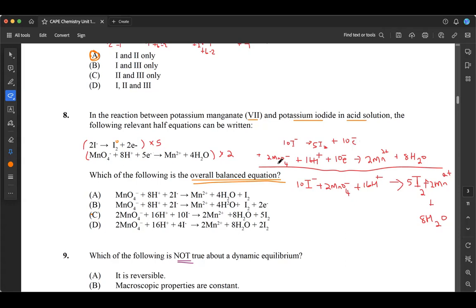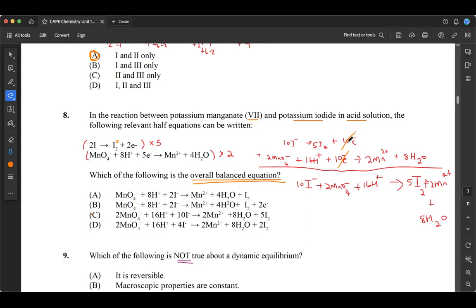And then at the bottom now, I have my 2 moles of manganate 7 plus 16H plus 10 electrons goes to 2 moles of Mn2 plus 8 moles of water, okay? And so you see here that the 10 electrons up here can cancel the 10 down here, right? And that was the whole point of us multiplying by these numbers.